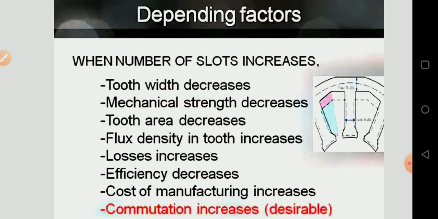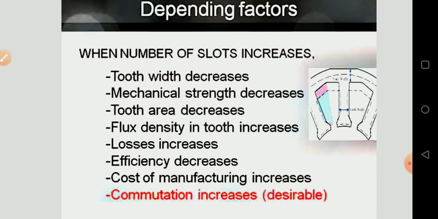When the number of slots increases, the tooth width decreases, mechanical strength decreases and tooth area decreases, but the flux density loss increases, efficiency decreases, the cost of manufacturing increases and commutation worsens.